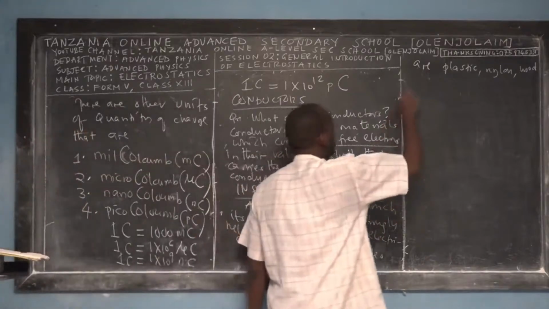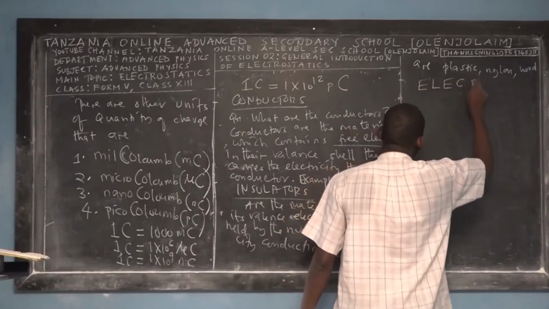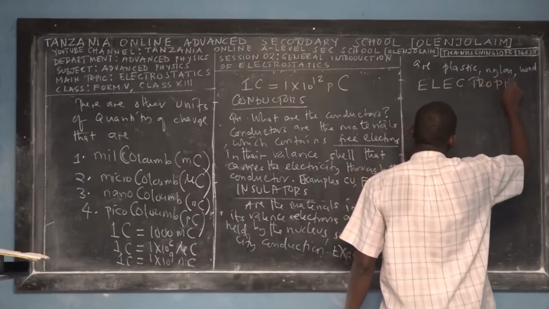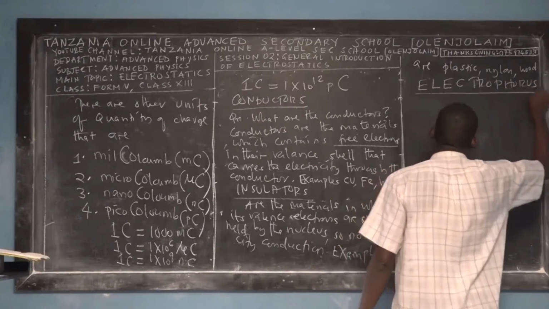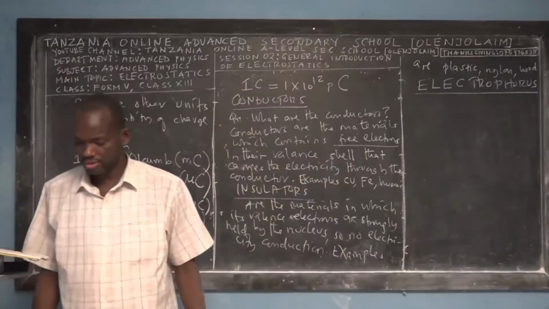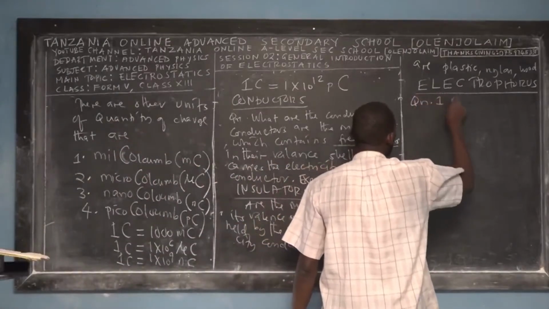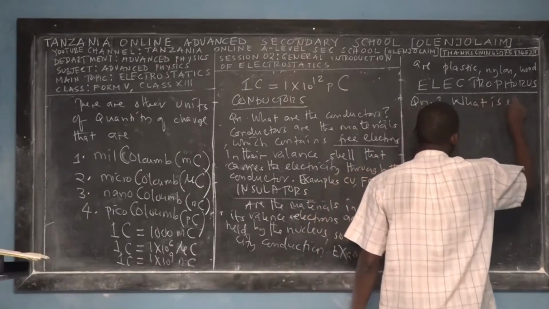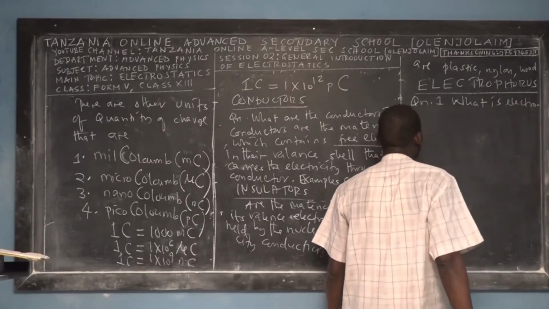Then we have another important knowledge in the introduction, which we call the electrophorus. Say electrophorus. So you have heard of it. What is an electrophorus? That is the question we have on the stage. Write on a piece of paper to define it and then come back to the lecture.